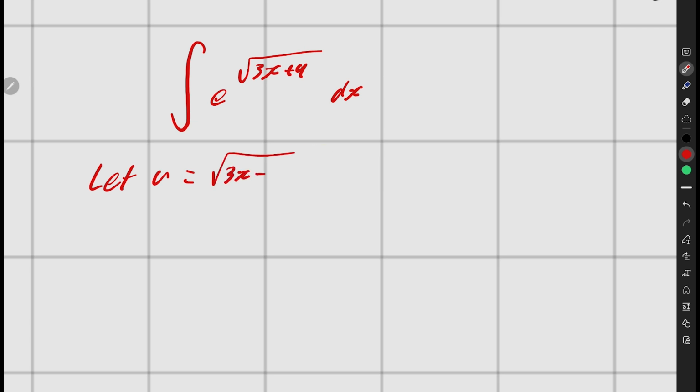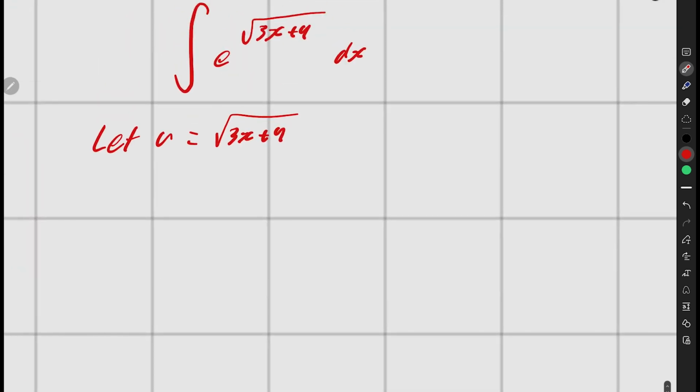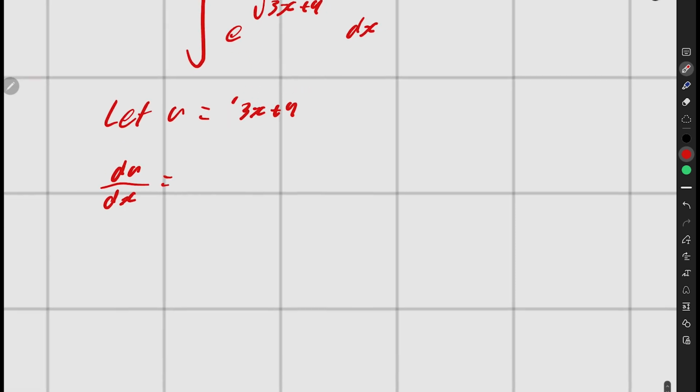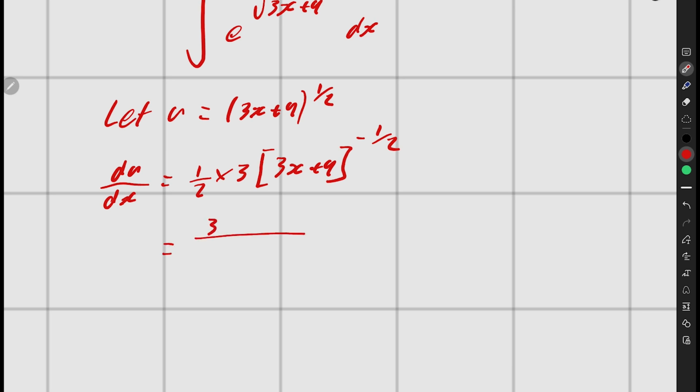the square root of 3x plus 9, which means when we take the derivative with respect to x, using the chain rule, we're going to have a half times 3 multiplied by 3x plus 9 to the negative a half, which is going to be equal to 3 divided by 2 times the square root of 3x plus 9.